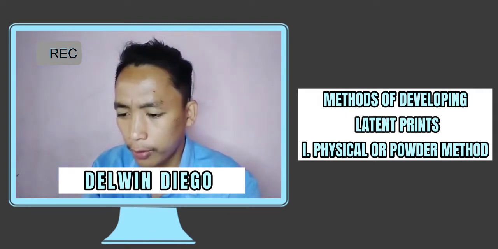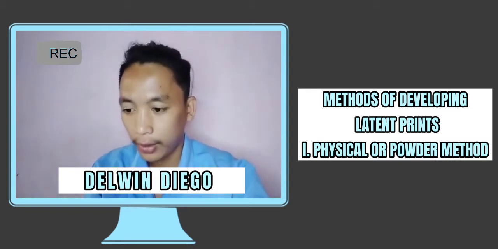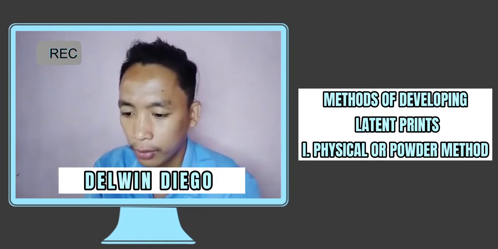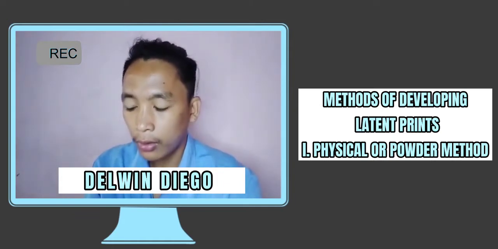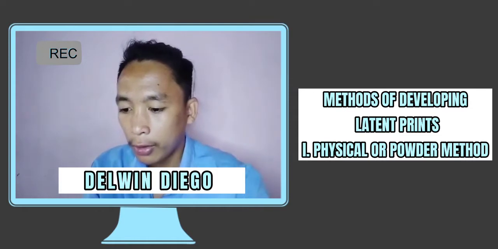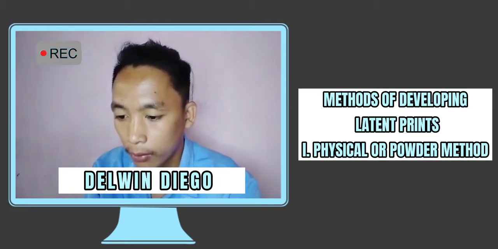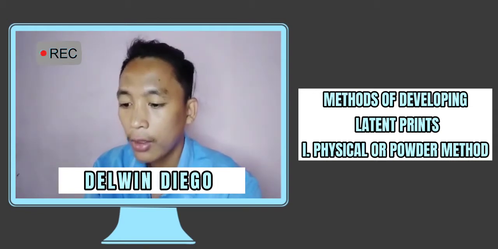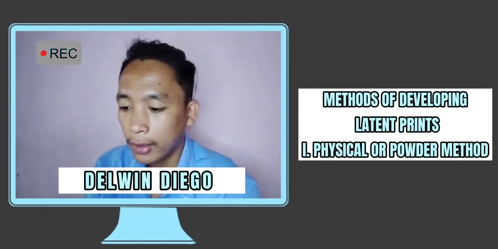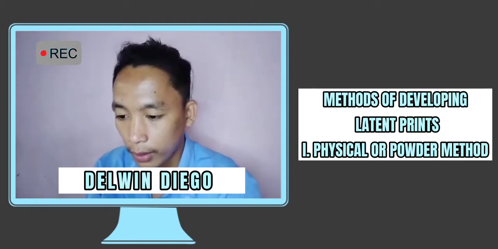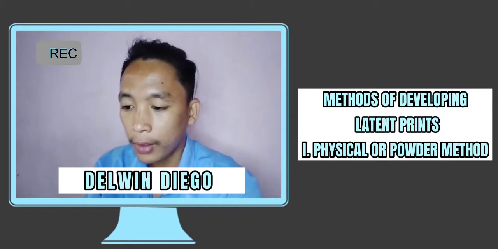The two types of powder involve the principle of contrast to develop latent print. So, itong two types ng powder na ito, ina-apply natin ito pagka naghahanap tayo ng prints. Para makita natin pag in-apply natin ng powder, makikita natin may pagbabago, nakikita natin na merong prints.